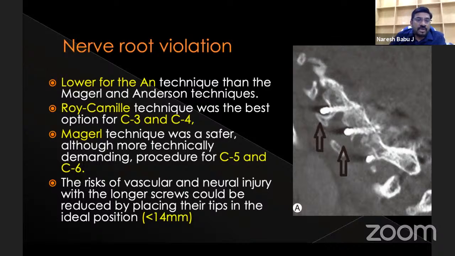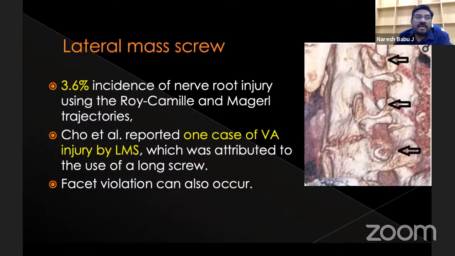It is interesting to note that none of the patients with fewer than 14 screws developed any vascular or neurological injuries, but we end up fixing unilateral lateral mass rather than bilateral ones. A 3.6% incidence of nerve root injuries was reported with Roy-Camille and Magerl techniques.